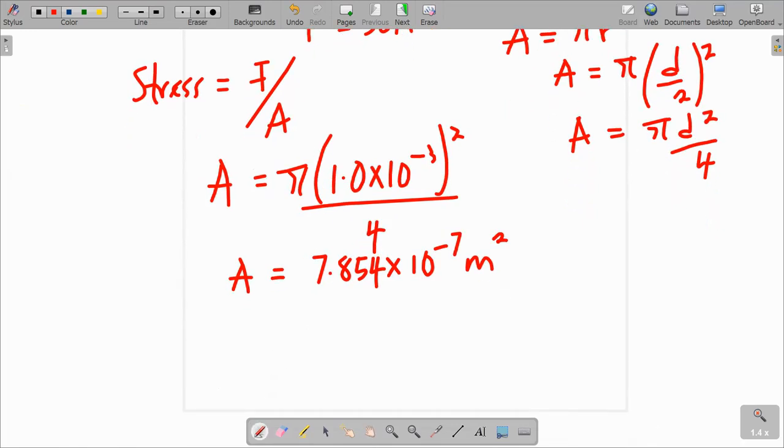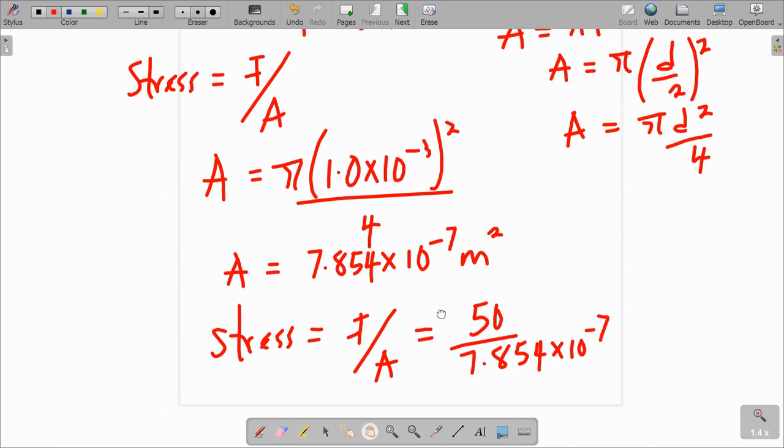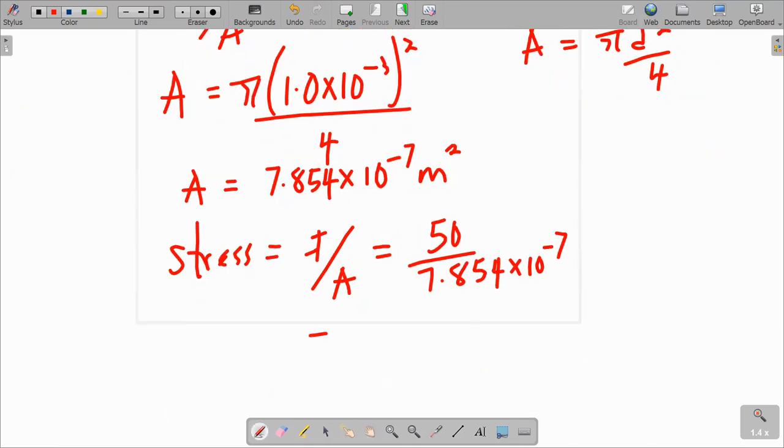So the stress, which we said is equal to force over area. Our force was given as 50 Newton and our area is 7.854 times 10 to the power of minus 7. Let me quickly do that with my calculator.